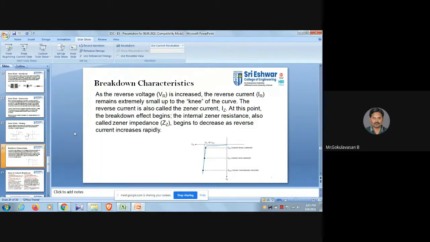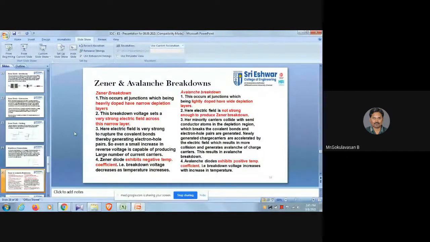The internal Zener resistance, also known as Zener impedance, ZZ, begins to decrease as reverse current increases rapidly. According to Ohm's law, once the current rises, resistance or impedance will automatically decrease, because current and impedance are inversely proportional to one another. That is the breakdown characteristics of a Zener diode.